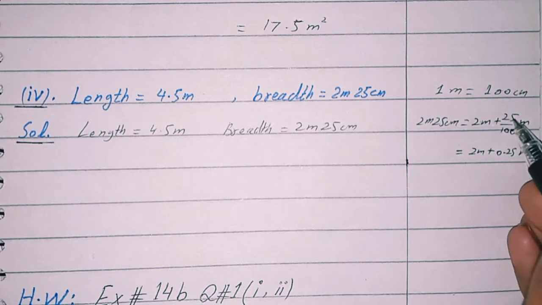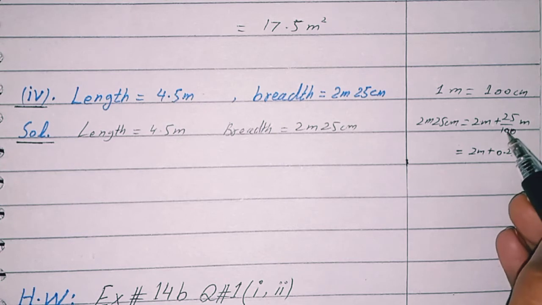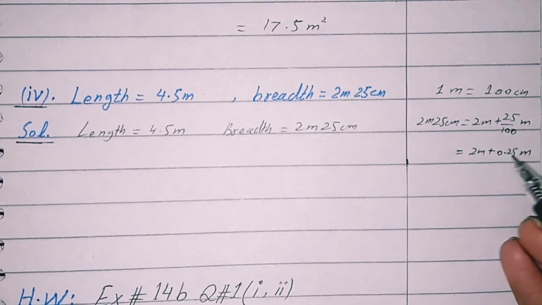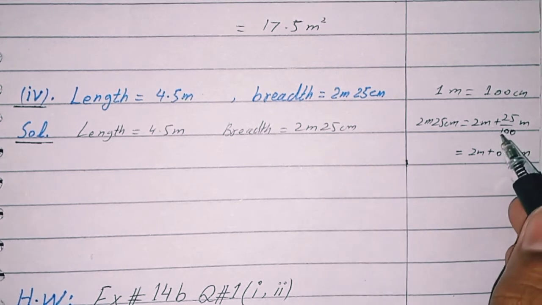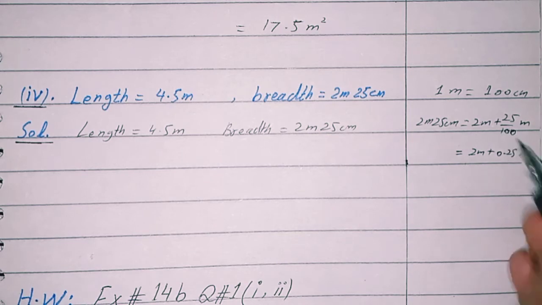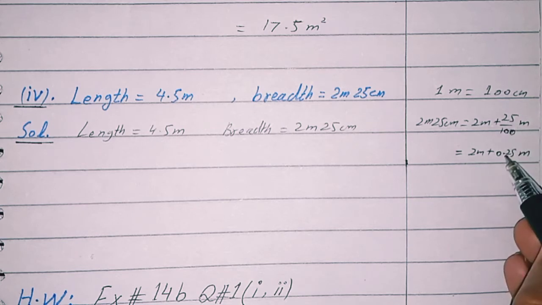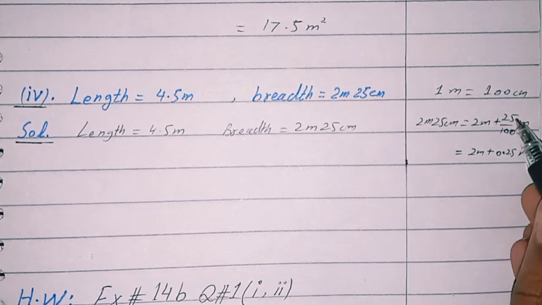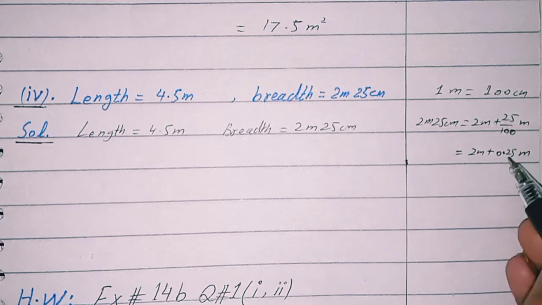The decimal point will be placed after moving two digits.